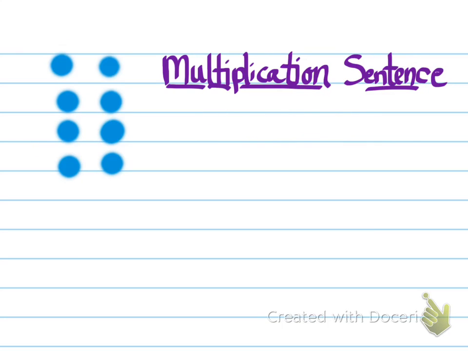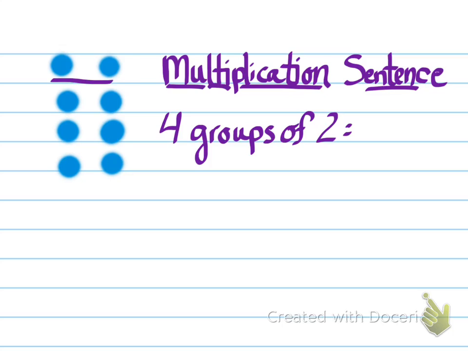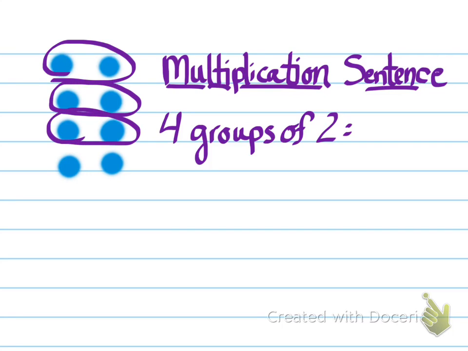And a little bit of review from yesterday, a multiplication sentence for this array could be 4 groups of 2. And to find the answer, our multiples would be very helpful, knowing how to skip count. So 4 groups of 2, there's 2, 4, 6, 8.